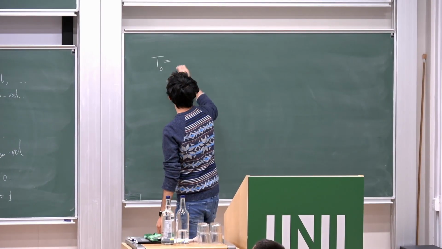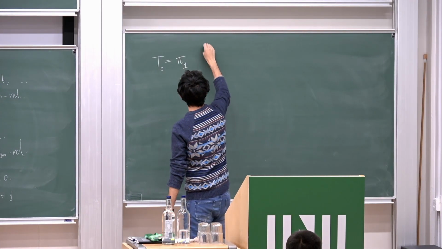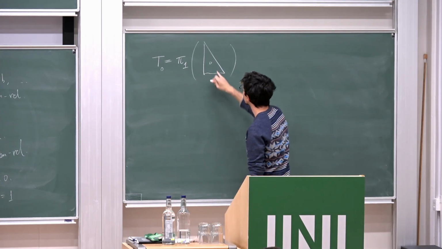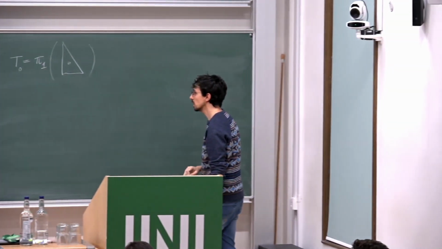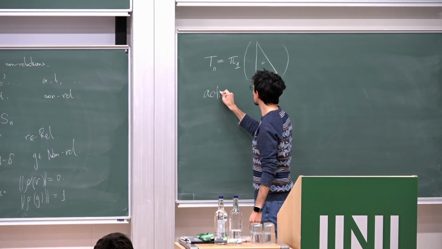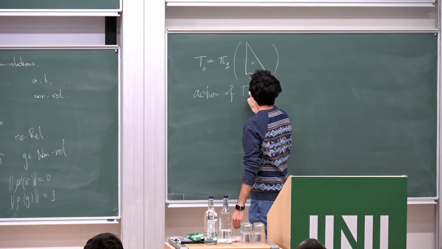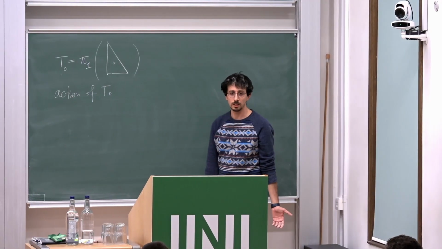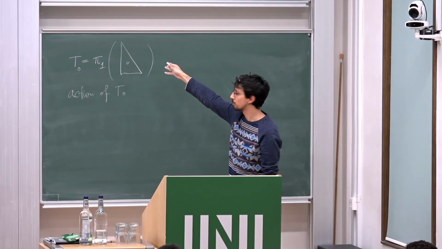So again, let me say that T0 is the pi1 of this orbifold with 1 point removed. So any action of T0, which is what we get after we apply our theorem, gives us a cover of this guy.